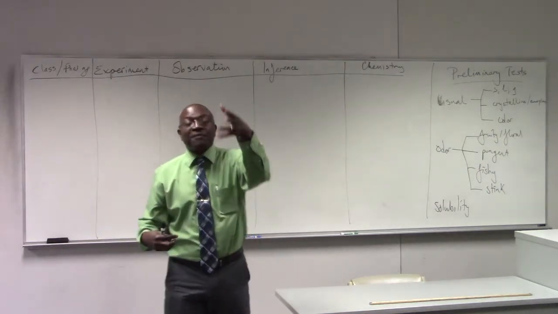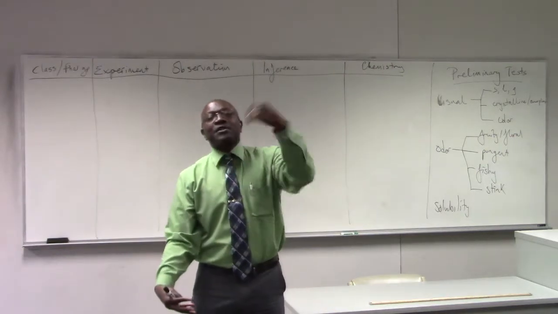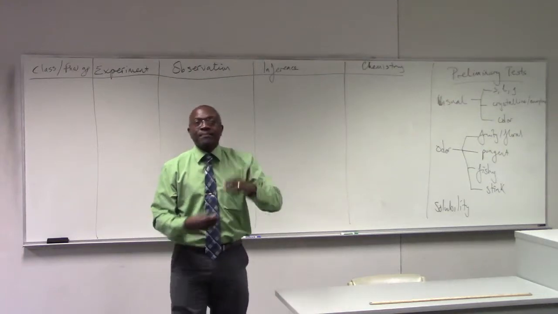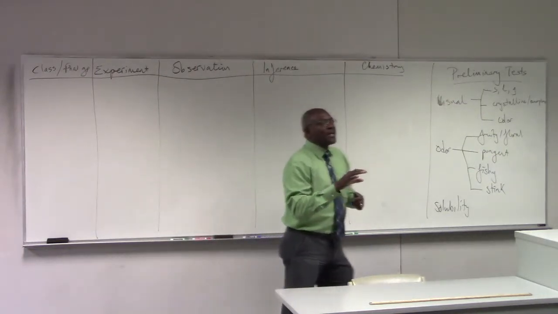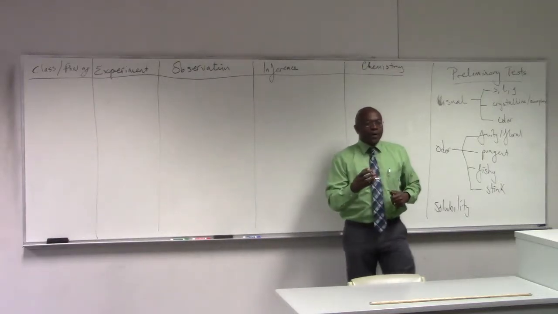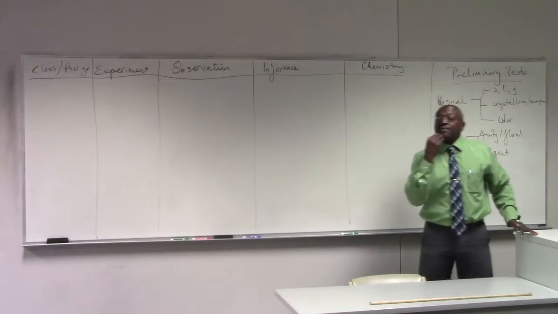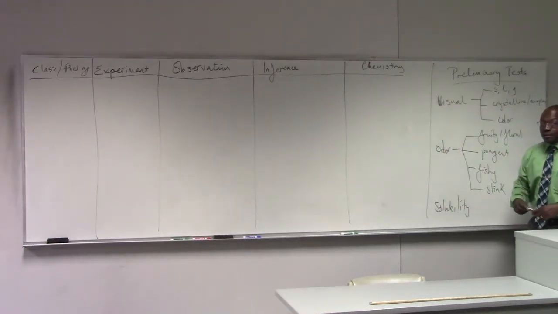So if it absorbs violet light, it looks red. If it absorbs red light, it looks violet. Or if it absorbs red-orange light, it looks sort of blue-violet. So the color of a compound is indicative of whether or not it has extended conjugation, and we'll see examples of that in a minute. If you're white, no extended conjugation. If you're colored, extended conjugation.